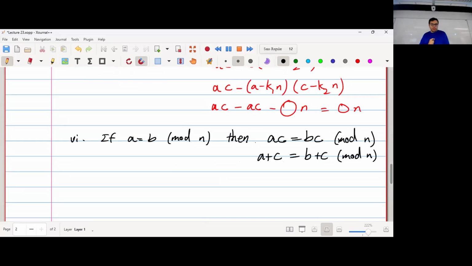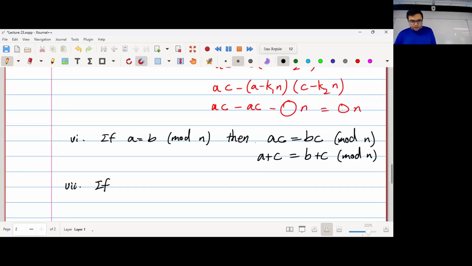Okay. But now the question is, can I do the opposite of this? So you see, when I have that A and B are the same modulo n, I can multiply both sides of my equality by some constant C, or I can add a constant C to both sides. But can I do the opposite? Can I cancel a constant? Now, on the one hand, this is quite easy.